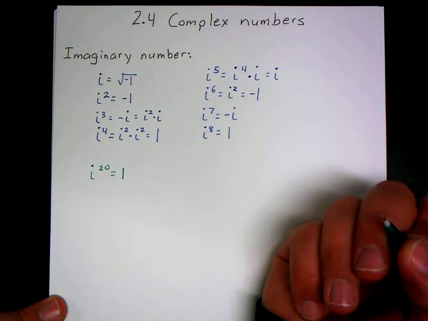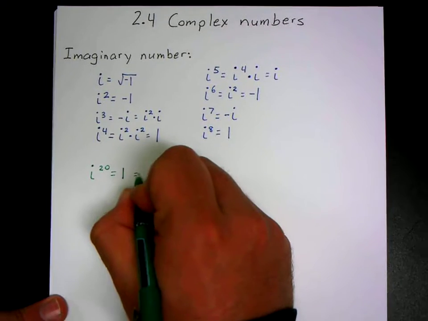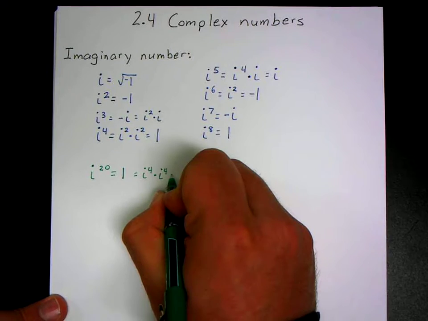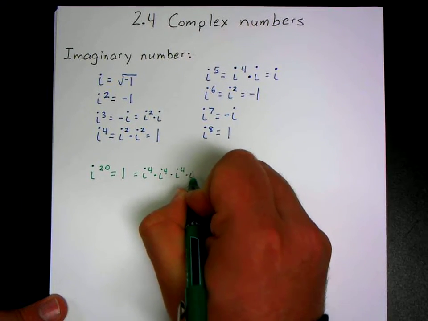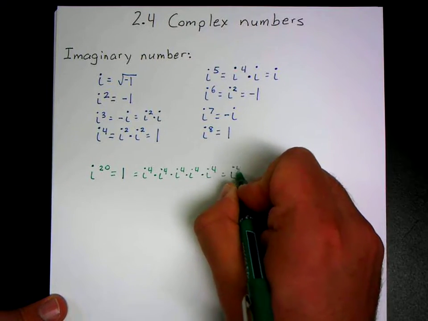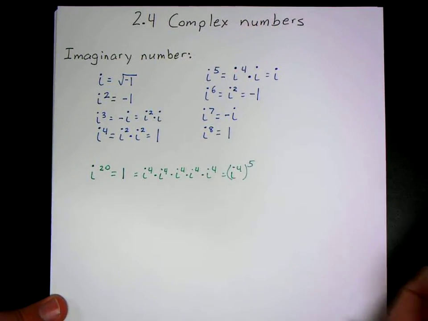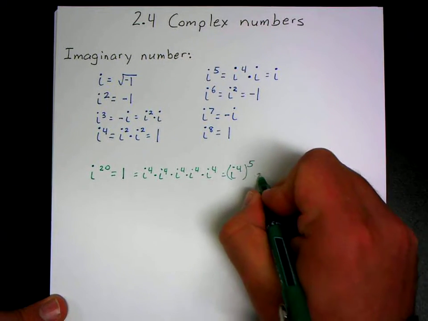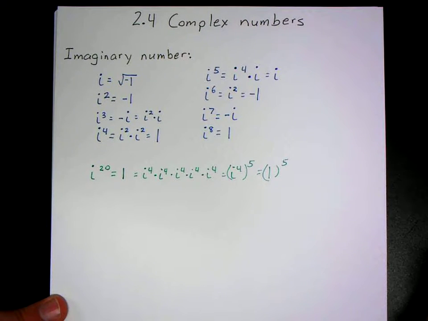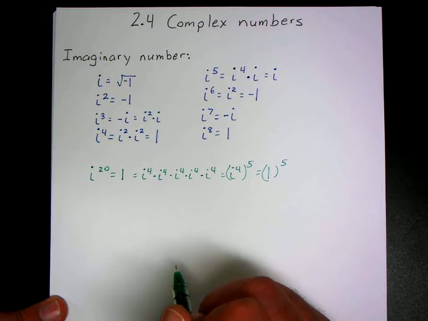Yeah, because what I could do is split this into i to the fourth times i to the fourth, which I wouldn't even have to write out like that. I could write it like this. Why? I want to make it however is easiest for me. Mathematically, I can choose however I want to make it. So I'm going to make it so it's like this.